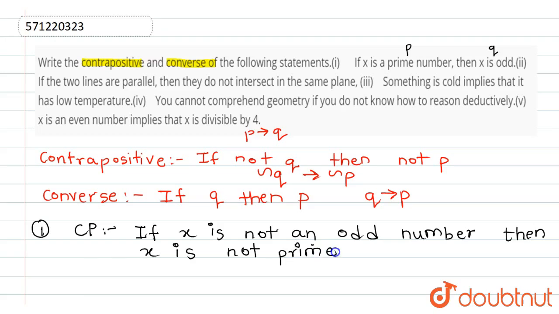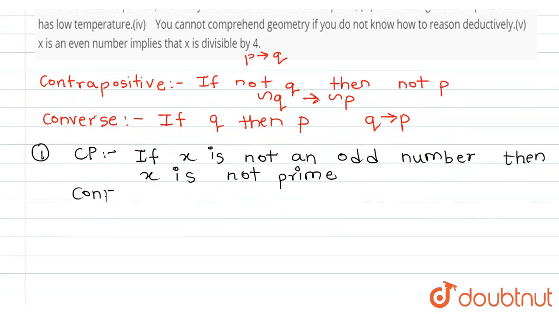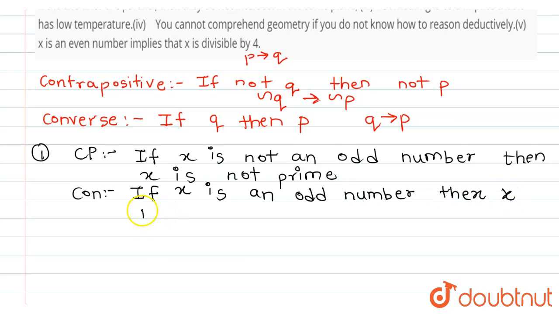Similarly, the converse of this will be if x is an odd number, then x is prime. Clear?